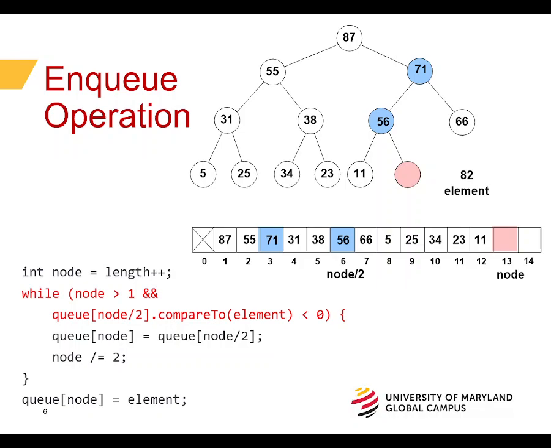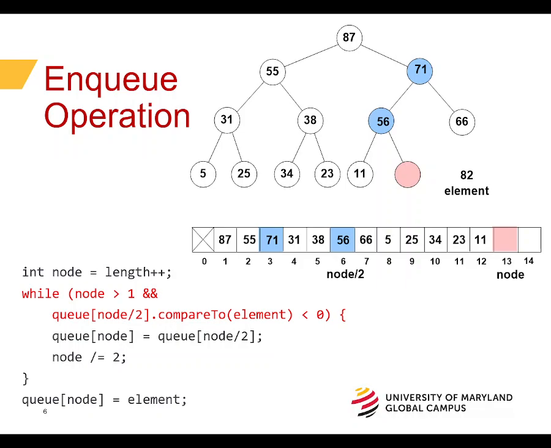Then the loop begins. Note the compound while condition. As has so often been the case, the order of the two conditions is critical because checking whether node is greater than 1 prevents accessing element 0 of the array, which we know is unused.